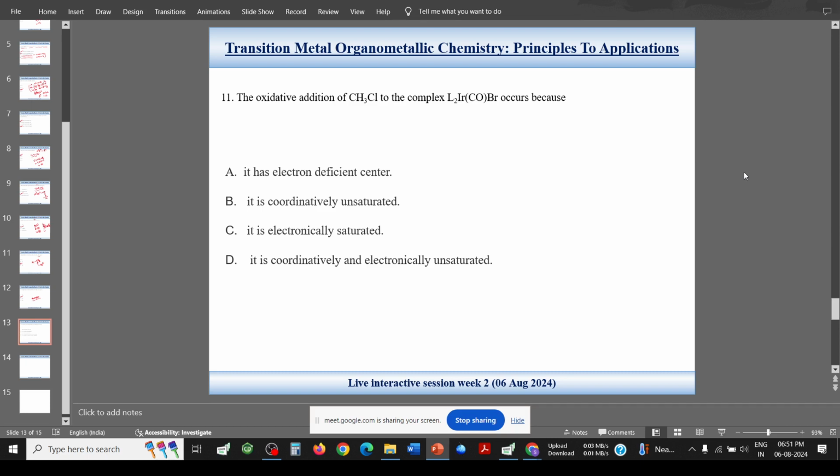We discussed very briefly the oxidative addition, and also one exception of this oxidative addition for some complexes. Is it possible to answer or not?